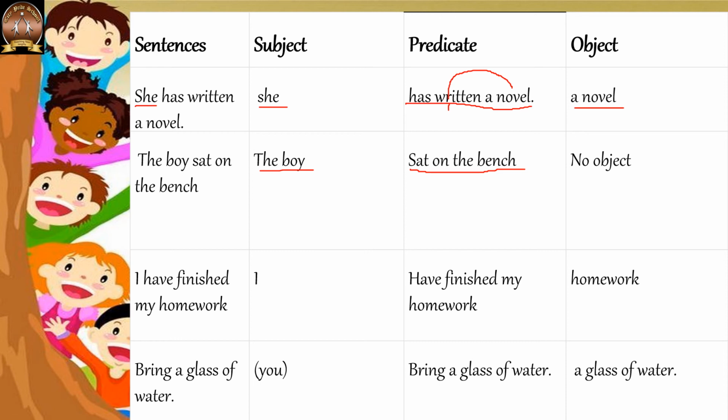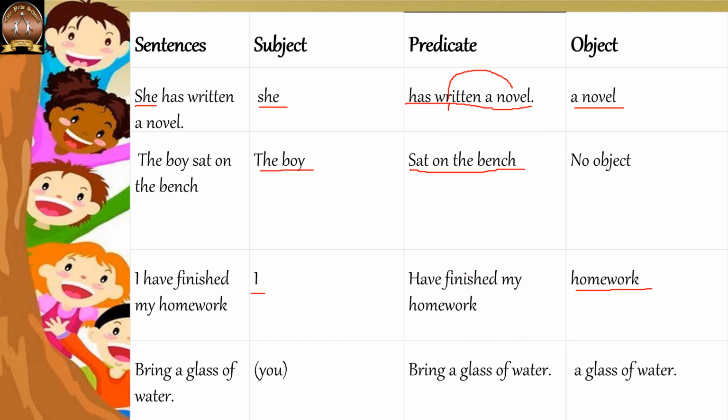I have finished my homework. I becomes the subject. Have finished my homework. Finished what? My homework becomes your object. Bring a glass of water. Now here, the sentence doesn't have a subject, but it is an imperative sentence. In an imperative sentence, the subject is implied. It means the subject has to be you.